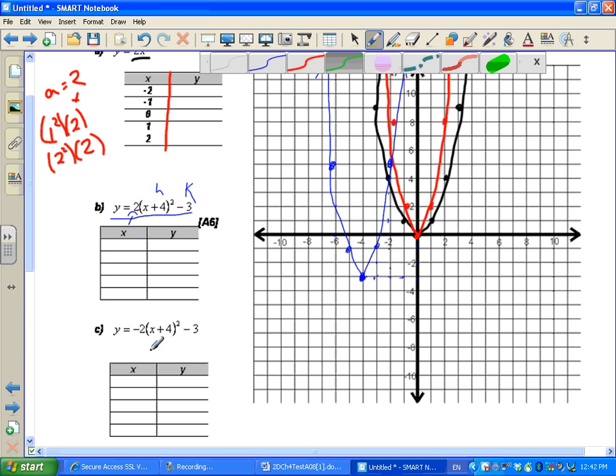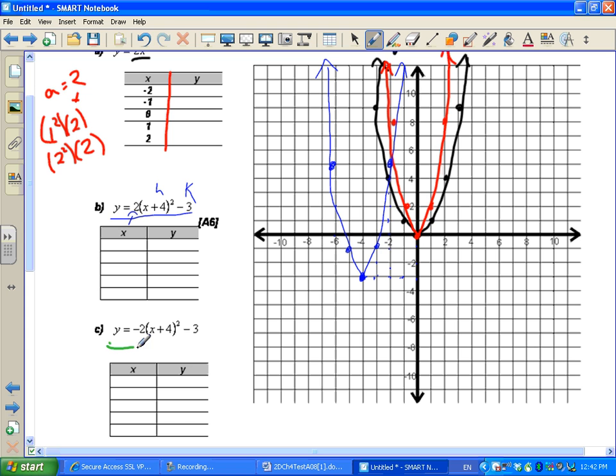And finally, our final graph. We start at the origin. Our K is negative 3 again, so I go down 1, 2, 3. I have plus 4, so I go to the left again, 1, 2, 3, 4. Our vertex is at the exact same spot. The only difference is our A is negative 2.